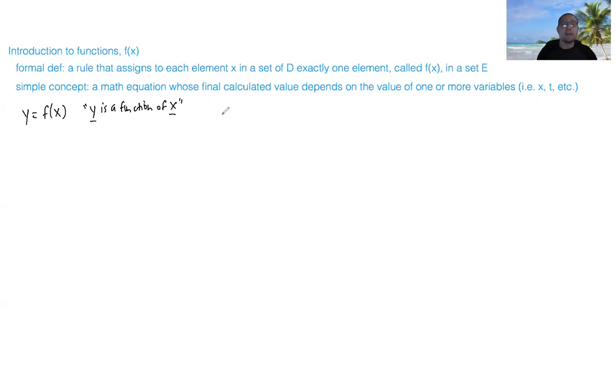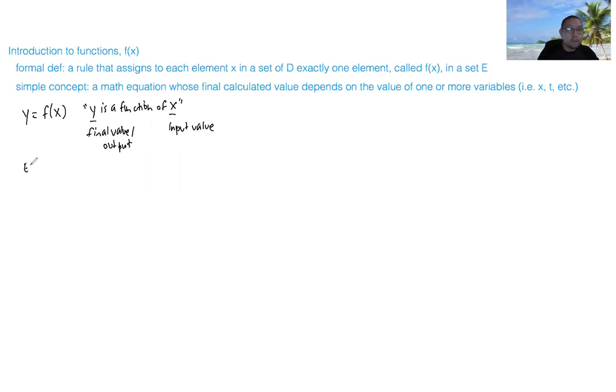To illustrate this, let's come up with an example. Keep in mind that y is going to be the final value, or the output value, while x is going to be your input value. You'll see what I'm talking about now.